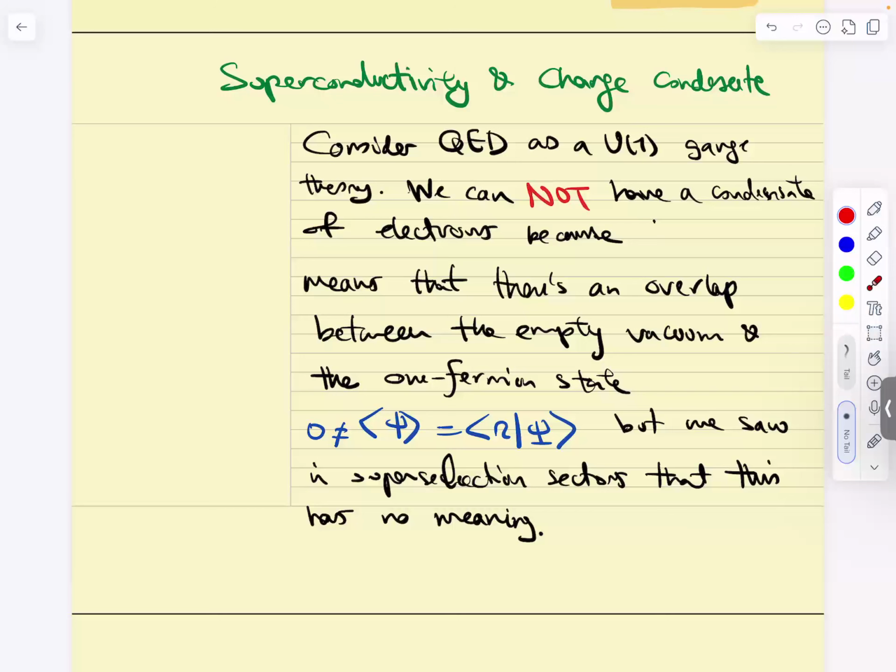Consider QED, which is a U(1) gauge theory. To spontaneously break the symmetry, it means that we're giving a VEV to the operators of charged particles. So in QED, what is the charged particle? The fermion, the electron. Can an electron get a VEV? Can a spinor get a VEV?